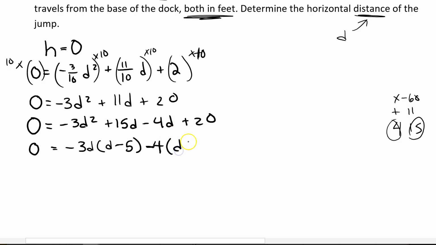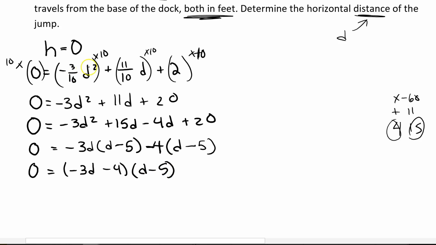So then I'm left with d, and then if I say 20 divided by negative 4, I'm going to get negative 5. So if I'm to finish off this question, I would get negative 3d minus 4 multiplied by d minus 5.